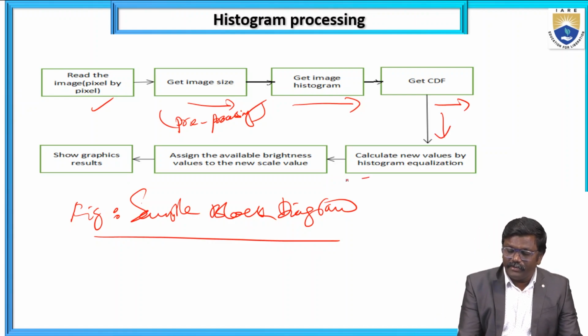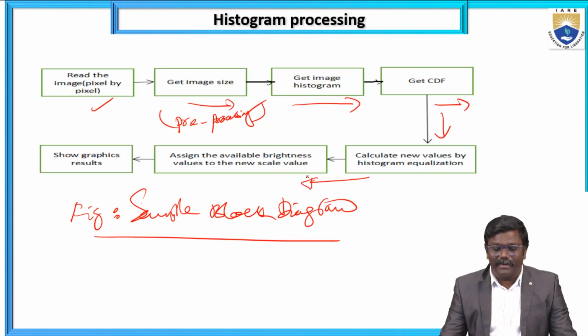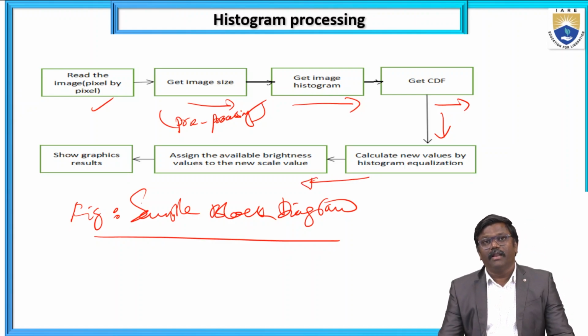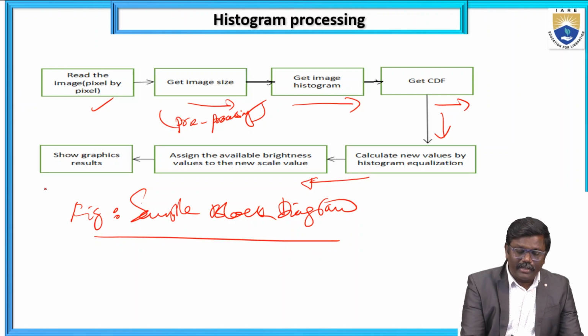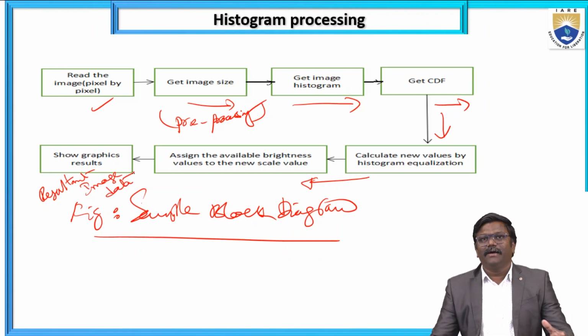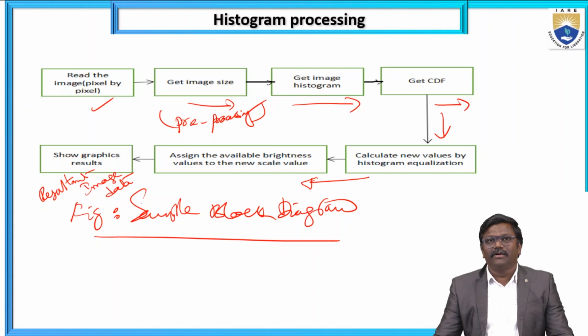Once you have calculated the histogram values, you apply the brightness values to the mean scale values. Then finally you will get your expected resultant image data.